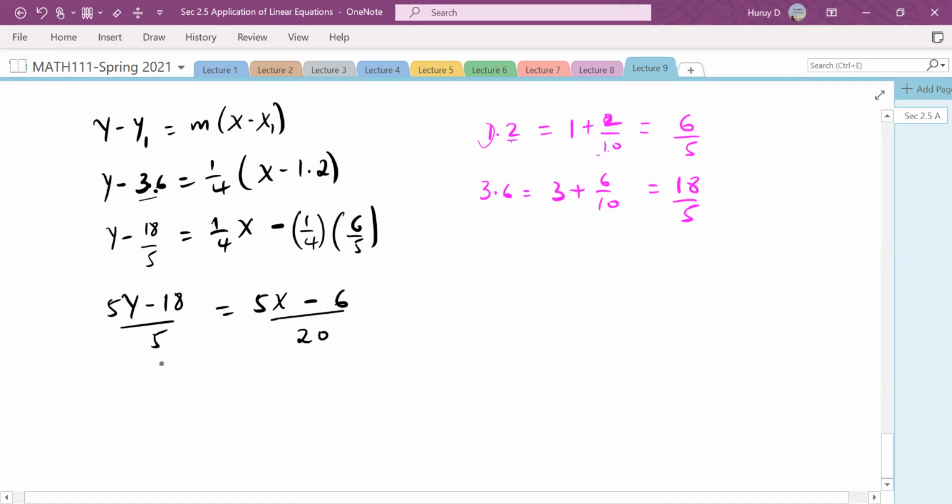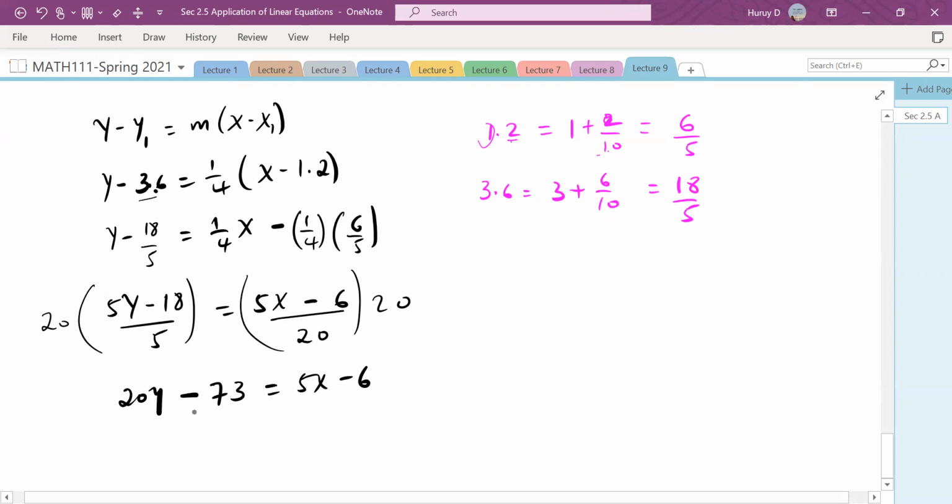If we multiply both sides by the LCM, which is 20, we get here 20y, because this will be simplified, and we get 4 times that one, and here we have 5x minus 6.